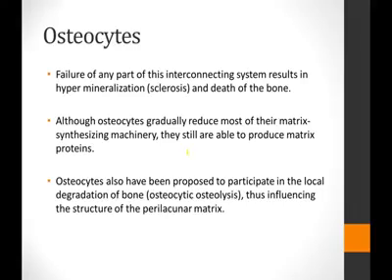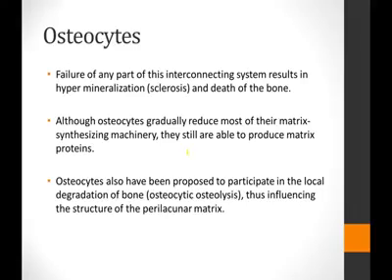Although, as we said, when the osteocytes become entrapped within the bone matrix, their size reduces and most of their protein synthesizing organelles reduce or disappear, they're still able to synthesize some of the matrix proteins. And it has been proposed that they participate in the local degradation of the bone.